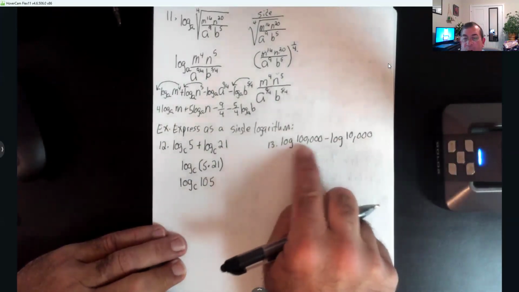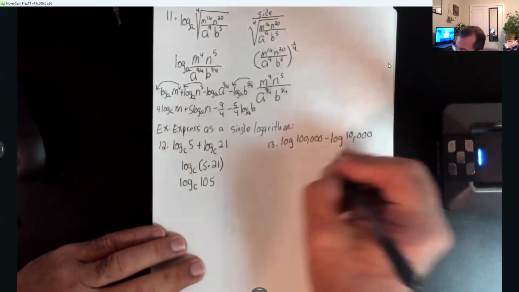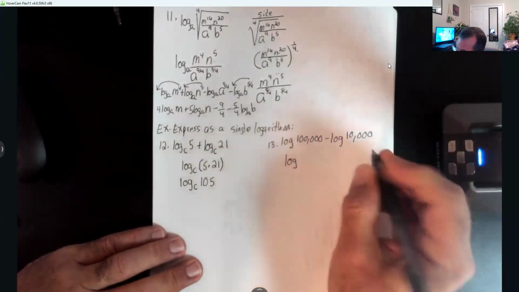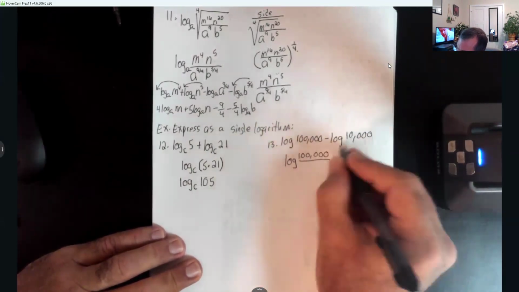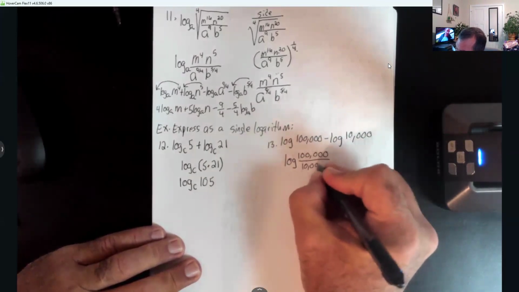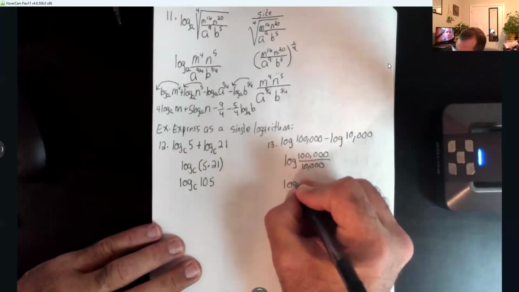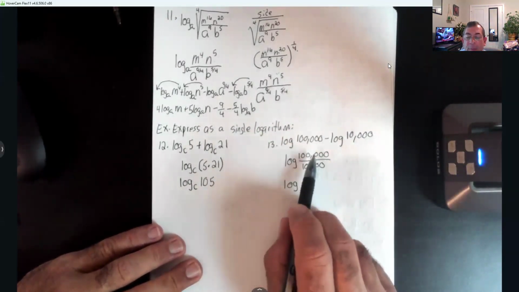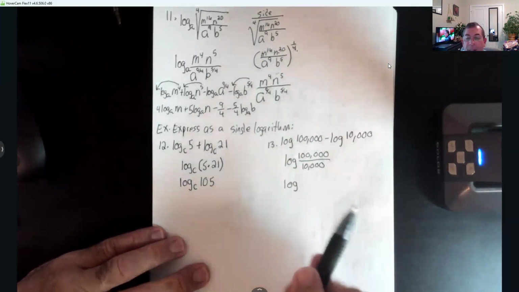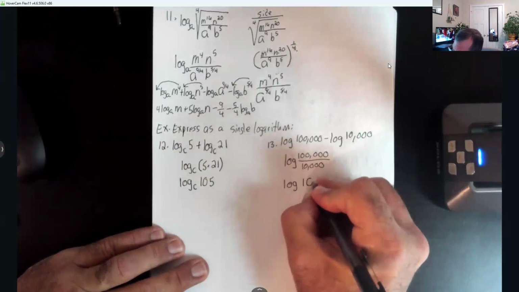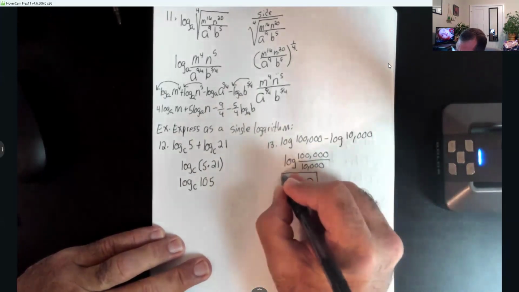So this is the positive part, so it's going to go on top, and this part being subtracted will go to the bottom. So bring out the log. So y'all, my top will be the 100,000, and the bottom will be the 10,000. All right, so one more step to simplify that. 100,000 divided by 10,000, that's going to give us a log of 10. So now that would be the first answer on this one.